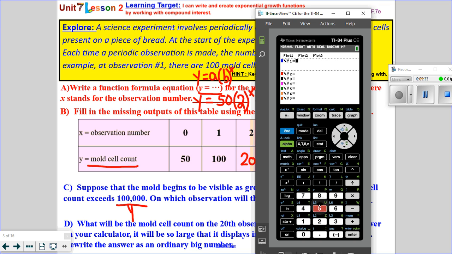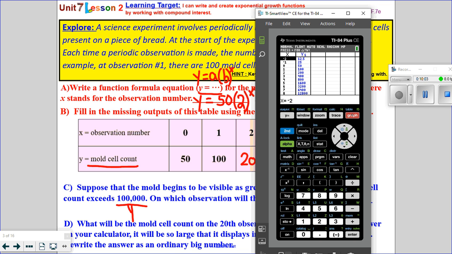So you have 50, grab your calculator and do this like you're in class, and I'll wait. All right, so you're grabbing that and you're putting 50 times 2 in parentheses to the x power. So now you can press graph. You can see what this looks like. That's the graph, and you can press second function graph, which will give you the table.